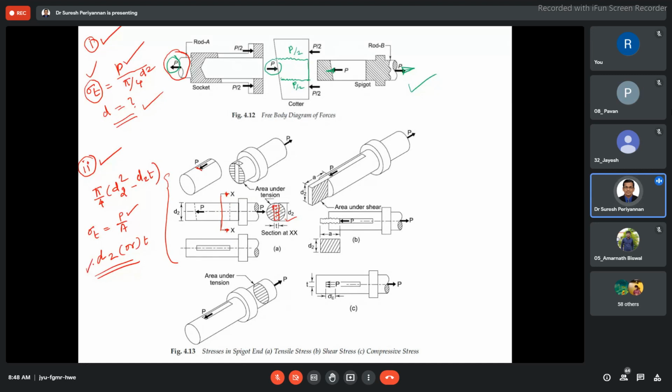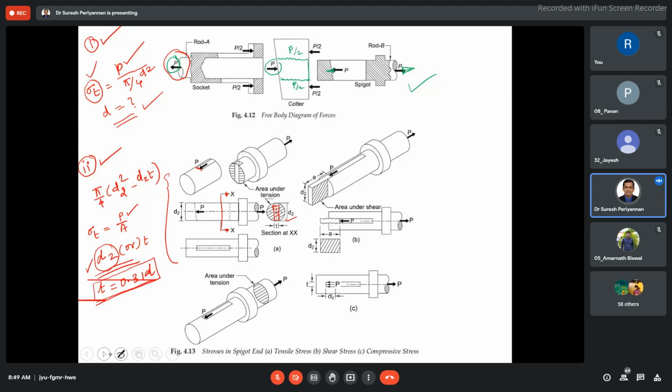From the standard table we can assume, even up to this calculation, that T is equal to 0.31 D. We are going to discuss how to find the T value, the thickness of the quarter, also, but the quarter thickness we can consider from the standard table also.